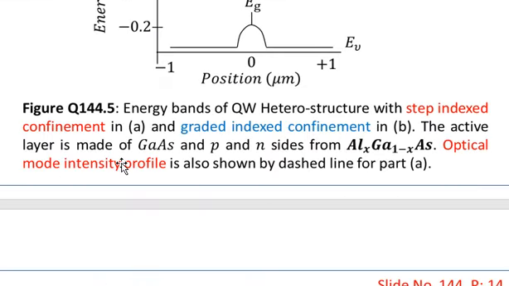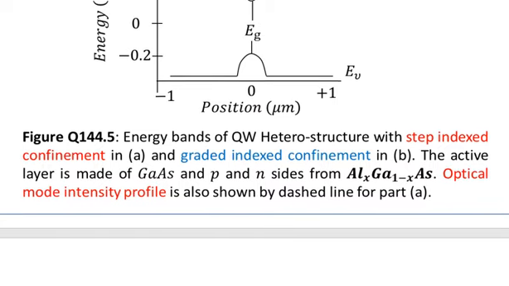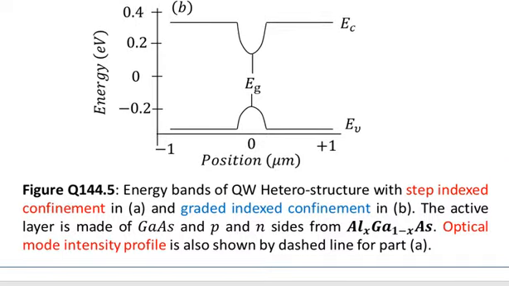The active layer is made from gallium arsenide, and graded index confinement is in part B. You can see that this structure is that of the graded index confinement, because the index is not changing rapidly, but is changing very slowly.